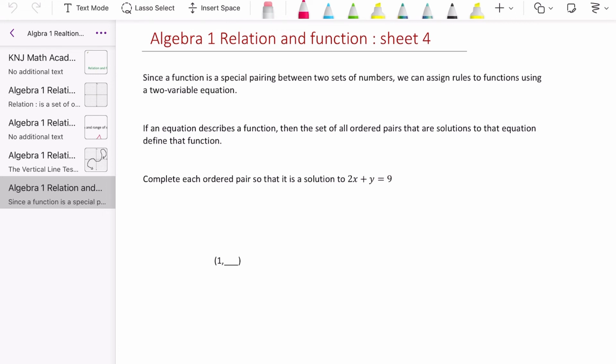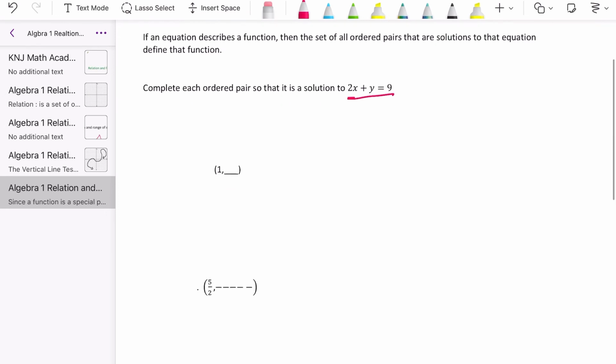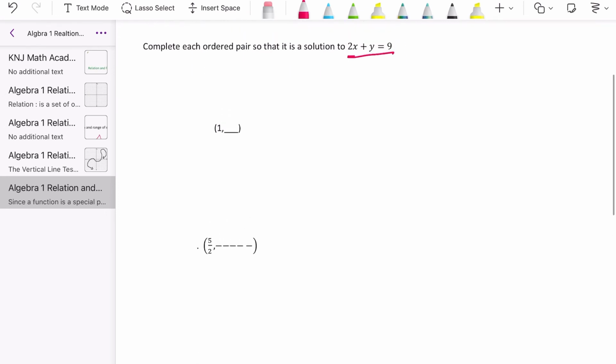And if you have this two variable equation and you have one of those pairs, you can get the other one by solving this equation. The example we have here is 2x plus y equals 9. And let's have some exercise in order to get the other pairs. Let me make another color.